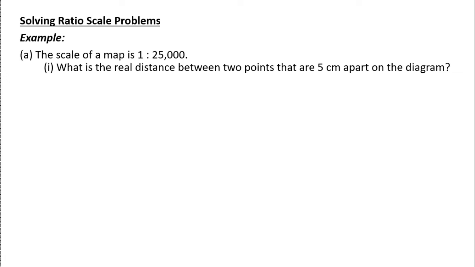So we're going to discuss two methods here. Method number one: since we know that every 1 centimeter on a map is equivalent to 25,000 centimeters in real life, we're just going to multiply 5 centimeters on the map times 25,000. 5 times 25,000 equals 125,000 centimeters.